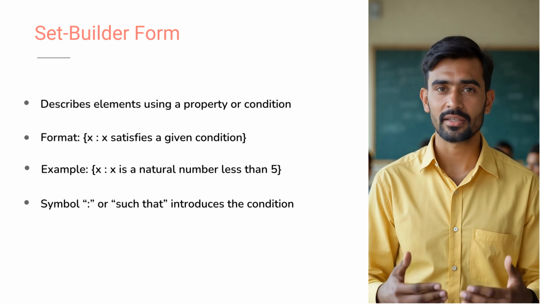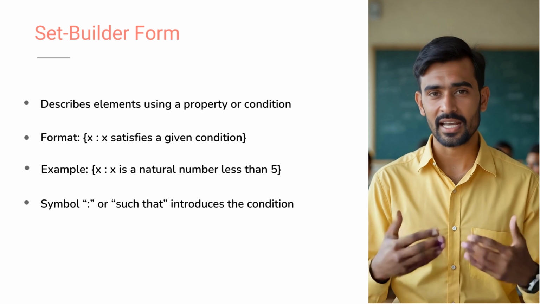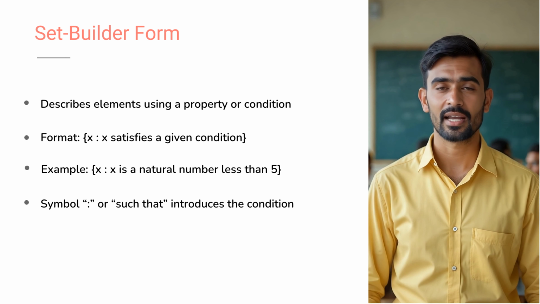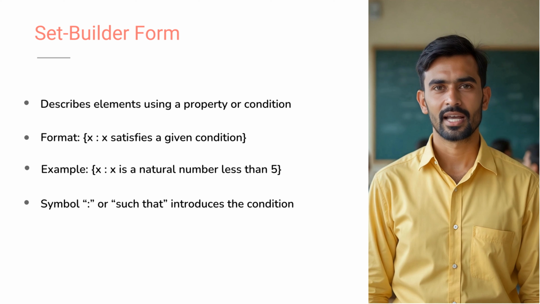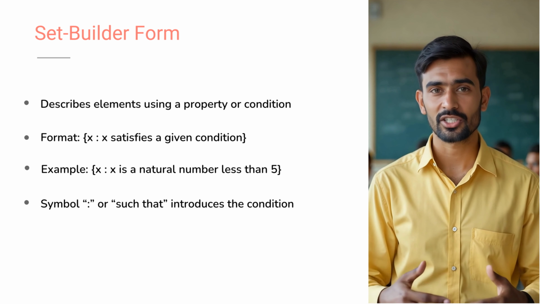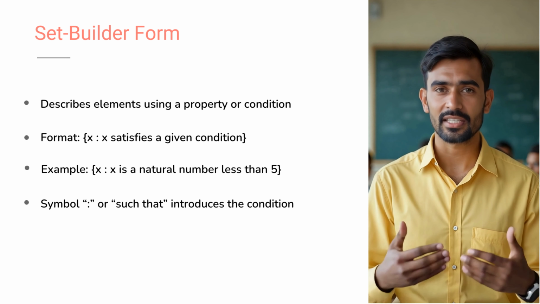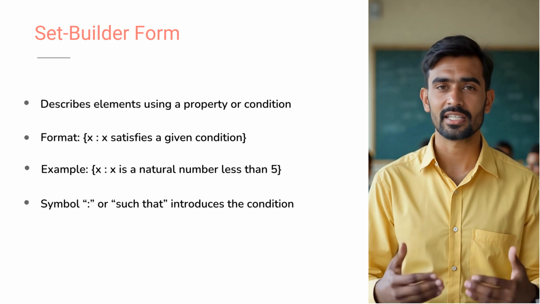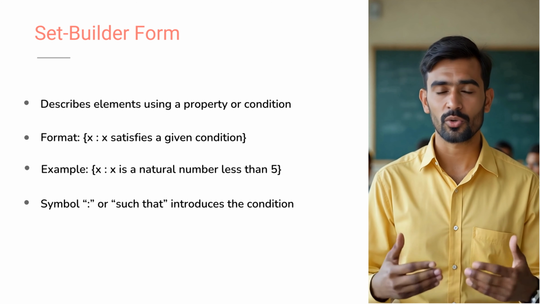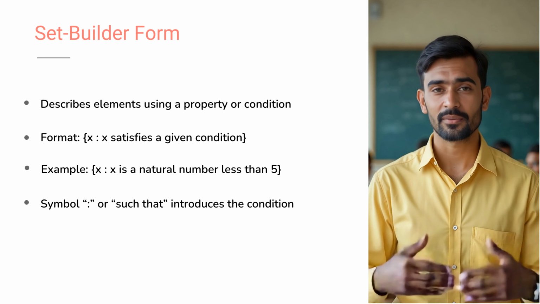For example, the same set of natural numbers less than 5 can be written as A = {x : x is a natural number and x is less than 5}. Here, the colon means "such that". So we read the expression as: A is the set of all x such that x is a natural number less than 5. It's especially useful when the set is large or infinite.